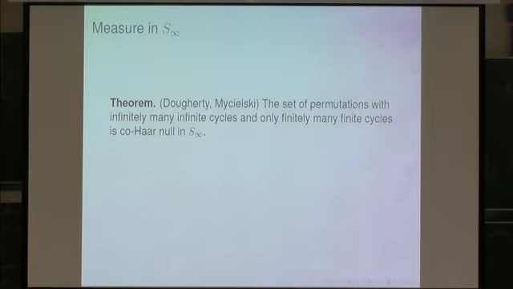Okay, so this shows that the notions of meagerness and Haar nullness are perpendicular to each other, because the typical behavior was that there is no infinite cycle at all, and there are a lot of finite cycles, but here there are just finitely many finite cycles and infinitely many infinite ones.